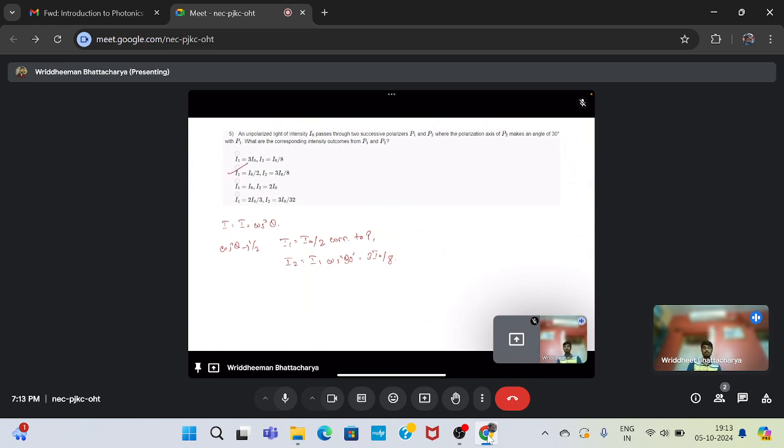So the second option, I1 equals I0/2 and I2 equals 3I0/8, is the correct answer.